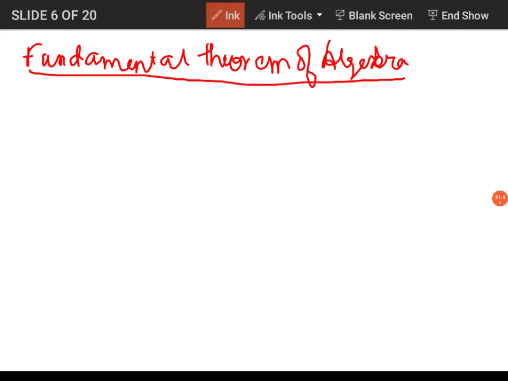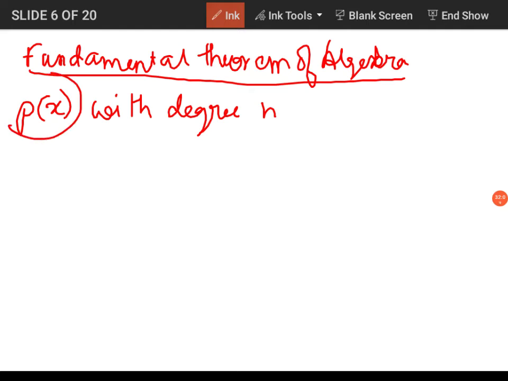This theorem says that the number of roots, or the number of zeros, of a polynomial is equal to the degree of the polynomial. For example, if p of x is a polynomial with degree n, then the number of zeros of this polynomial is n.